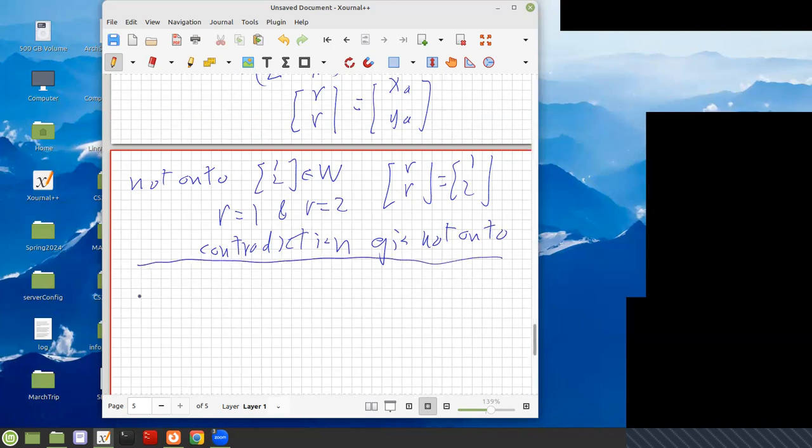We're not onto. Now we also have to check one-to-one. Is it one-to-one? Because it could be not onto, and it could be one-to-one. Well, what does the one-to-one property mean? It means you can't have anything like many to one.